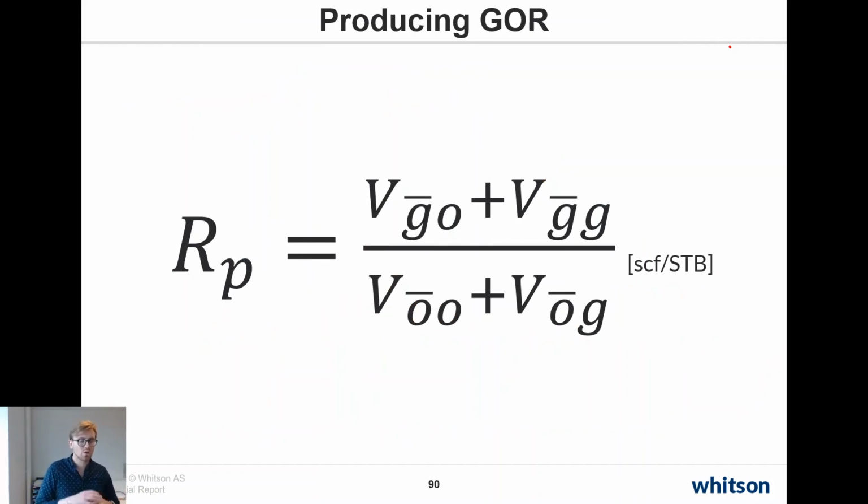Also, when we start to discuss a so-called producing GOR, for instance when the GOR is not equal to the solution GOR anymore, it started to rise because the bottom hole pressure is dropping below the saturation pressure, or the average reservoir pressure is dropping below the saturation pressure, and we see a GOR increase in the producing GOR over time.